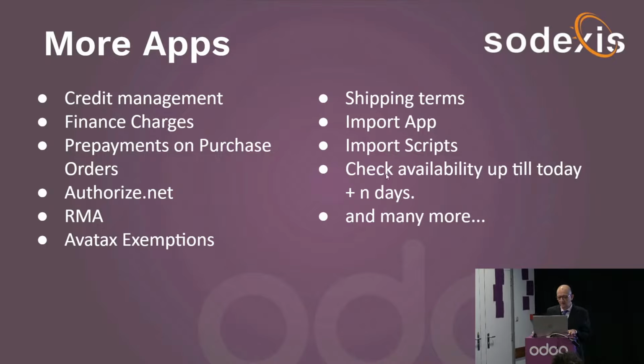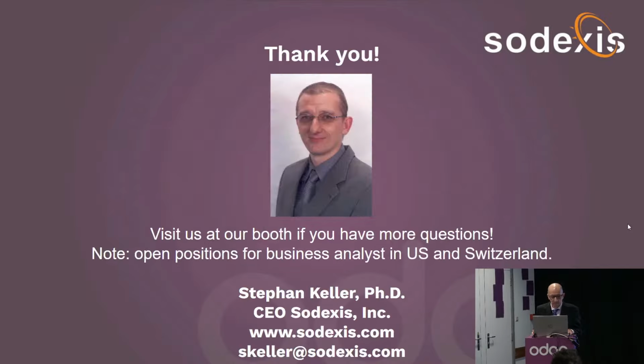We have a little app that checks the availability up till today plus n days. Odoo checks the availability of all your delivery orders; in this case, we just limit it to a specific number of days from today. And we have many more, and some of those are on the app stores, but certainly not all of them.